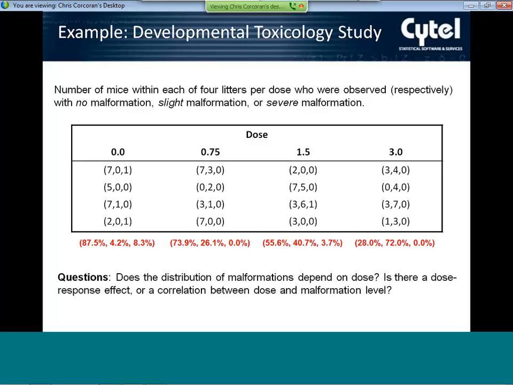So in other words, we can carry out a test where we specifically examine the alternative hypothesis that there's a linear association. In other words, the higher the dose, the higher the median malformation level. So we can carry out all three of those types of tests in the StatXact module.